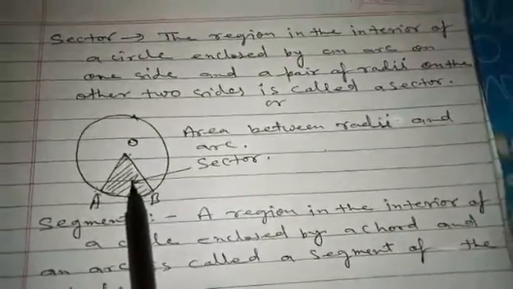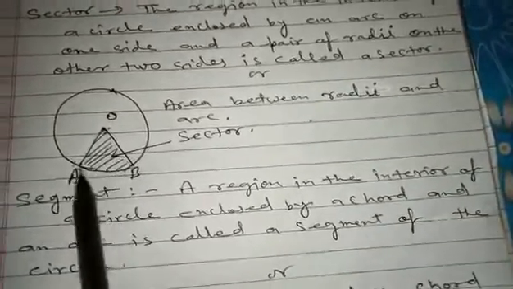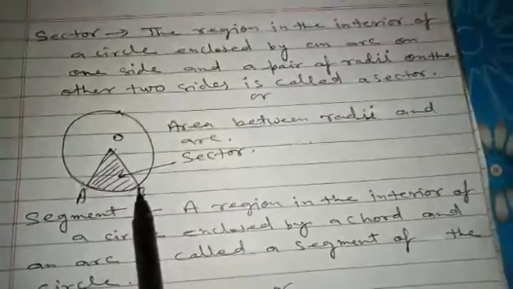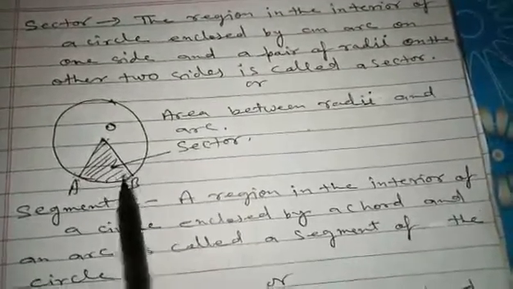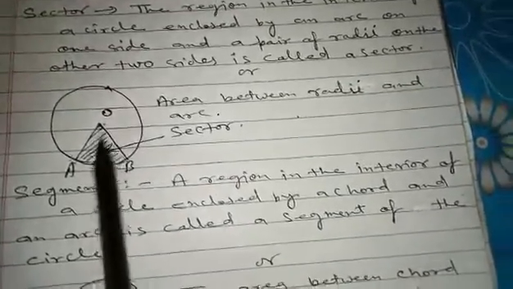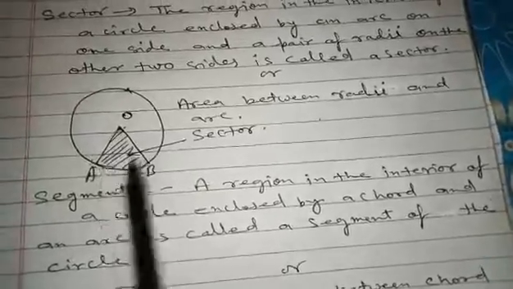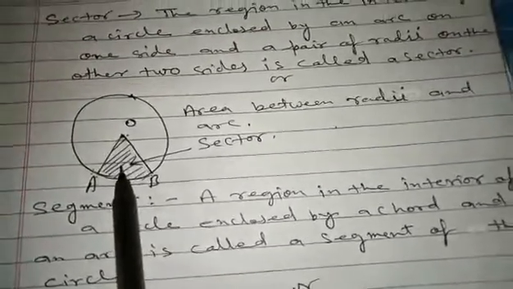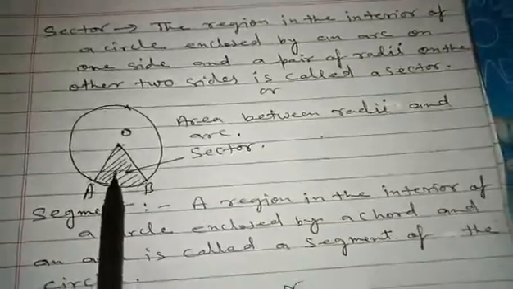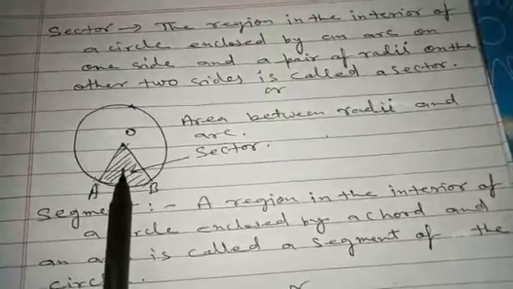So it is the region between radii and arc. In short, you can say the area between radii and arc, or region between radii and arc, is said to be a sector. A sector is always formed with the help of radius.